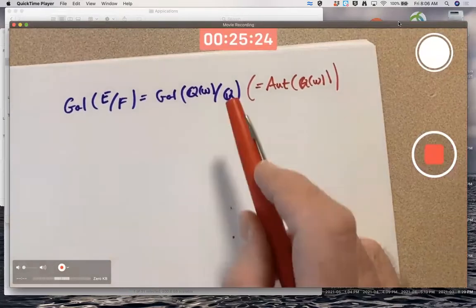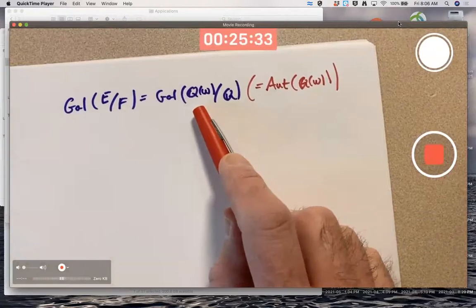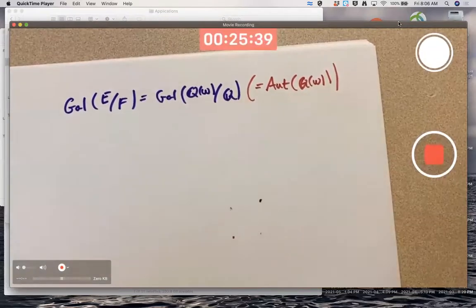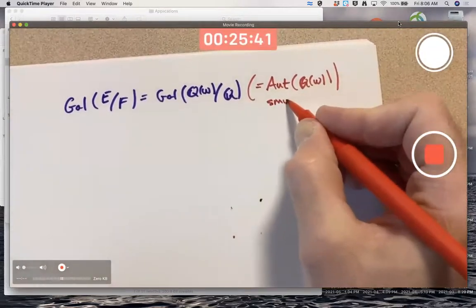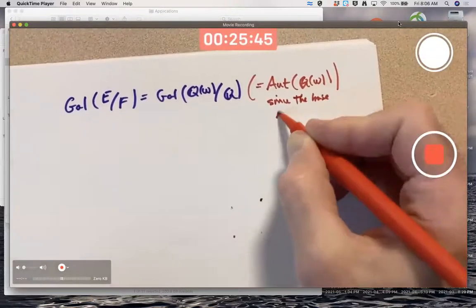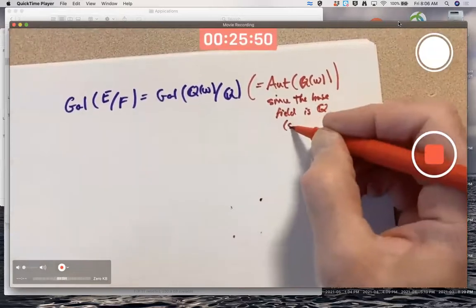But if the base field is Q, problem number 1 in chapter 32, which we talked about briefly on Wednesday, says that any automorphism of the field extension of Q will automatically fix everything in Q, since the base field is Q. See exercise 1.